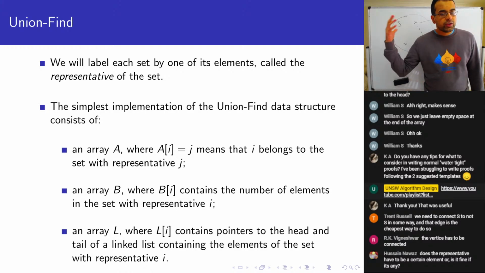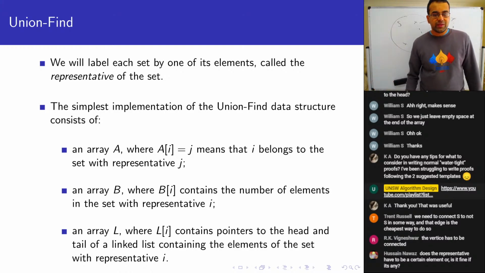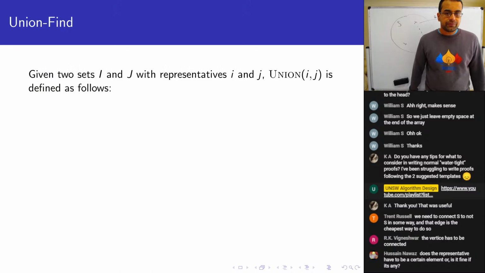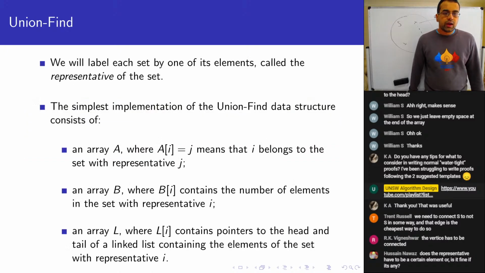But then as we do unions and finds, we need to do some interesting stuff. So initializing is easy, right? You make everything its own captain. A[I] is I, B[I] is 1.